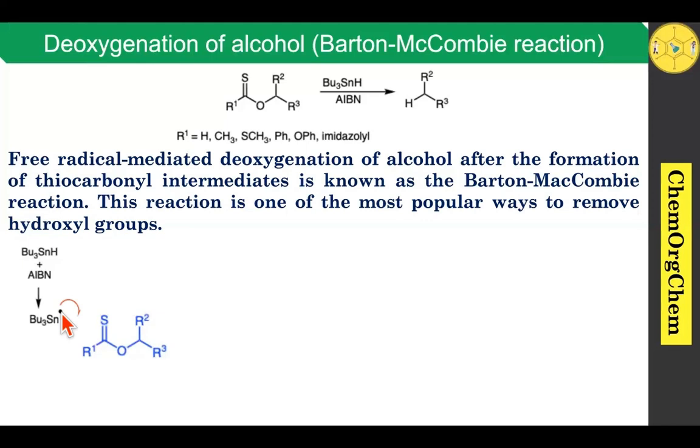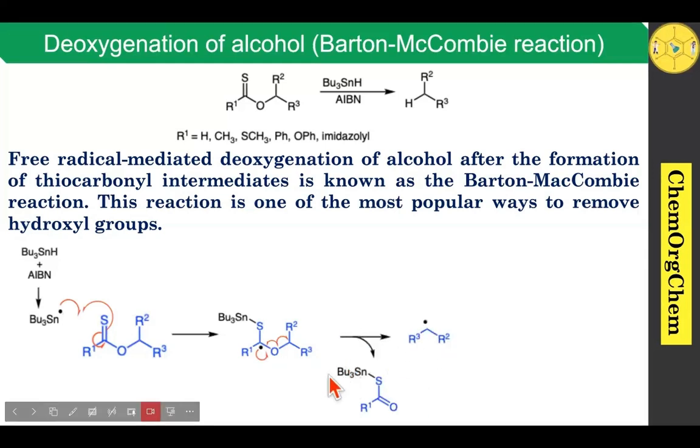This radical attacks here, followed by one of the pi bond electrons joining here, which makes a new tin-sulfur bond along with a carbon-centered radical. Now this one electron moves here, followed by homolytic cleavage of the carbon-oxygen bond, which produces a new carbon-centered radical along with a tin-based byproduct. In fact, the formation of the tin-sulfur bond is the main driving force for this Barton-McCombie reaction.